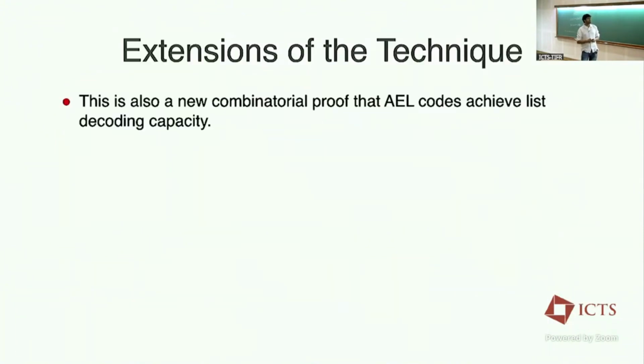Okay. We actually get some other very interesting things. First of all, if you notice, I also get some sort of combinatorial proof of the list size here. And I did not use anything that Madhu talked about. So this is actually a new, different combinatorial proof that AEL also achieves list decoding capacity.